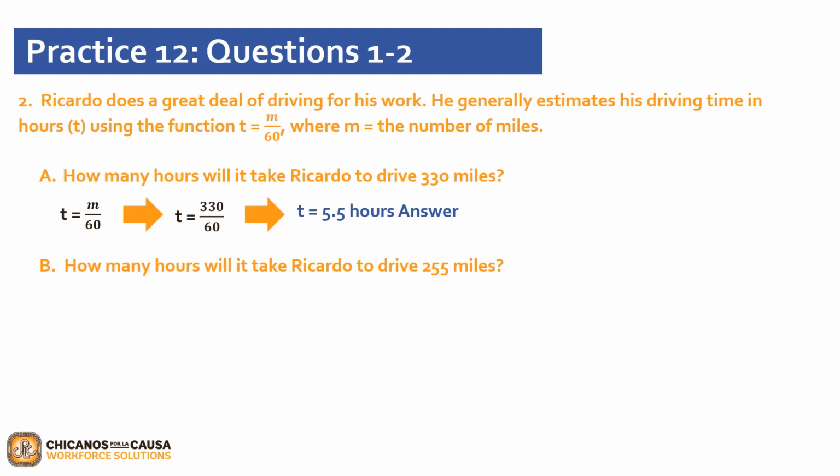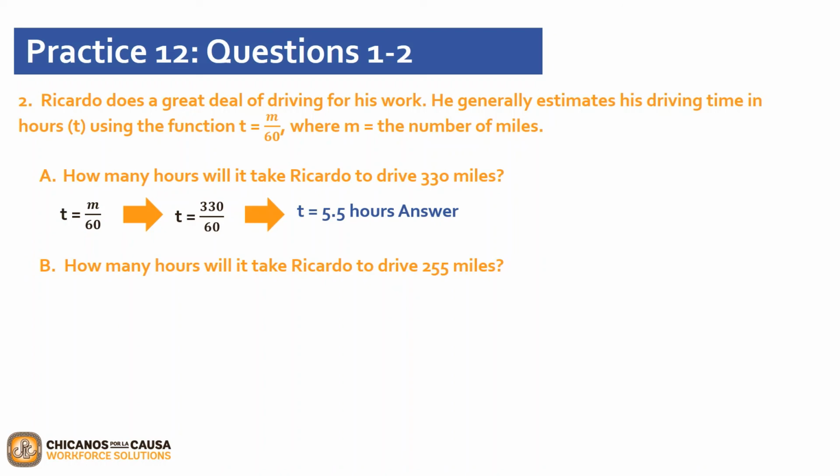So this lets us know that it will take Ricardo 5.5 hours to drive 330 miles. For that t equals 330 over 60, you can just divide the 330 by the 60, or you can keep reducing it as a fraction, but eventually you will still get to the same answer. So let's look at B.